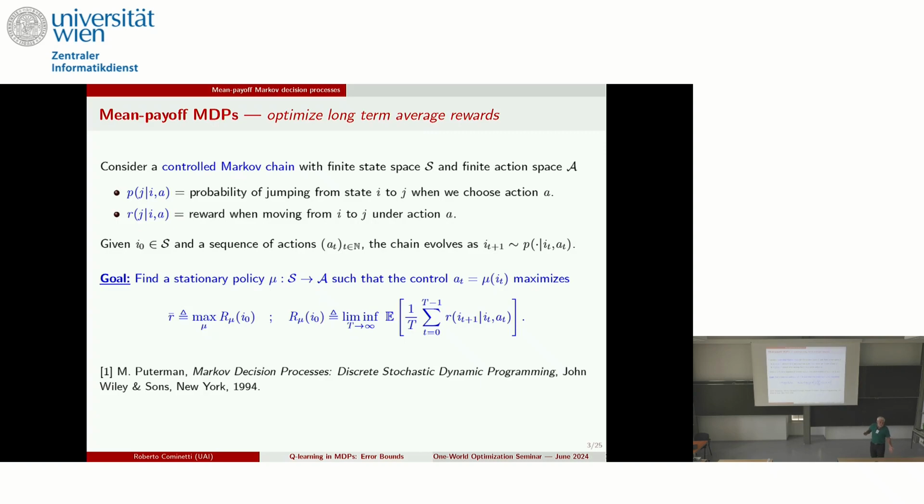It's very simple because everything is finite here, so you have only a finite number of policies. It's a huge number, but you just evaluate every possible policy and take the best one. So existence is not an issue. I will denote this value R bar.